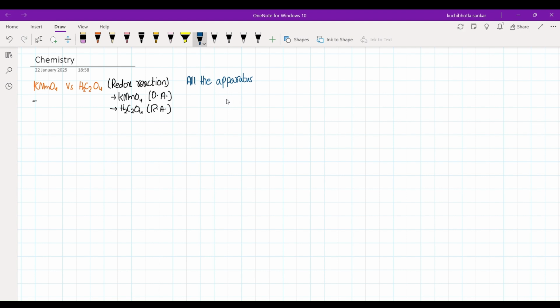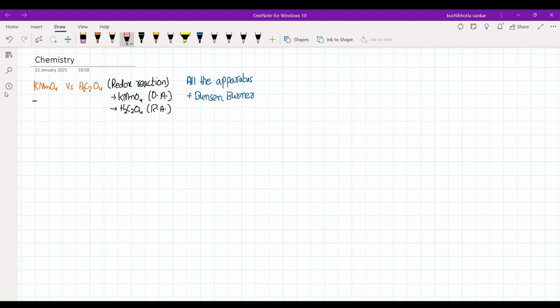Those are the important apparatus that you need, and along with them you are going to need the Bunsen burner to heat the chemical, which we are going to see further in the procedure.